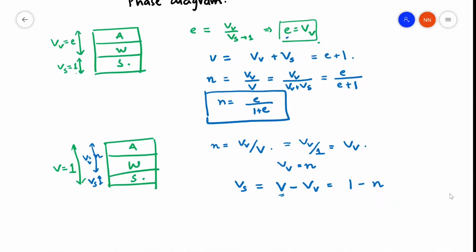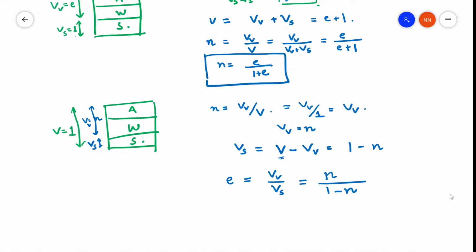So the volume of solids is 1 minus N. So now what's the void ratio? The void ratio is VV over VS by definition. VV here is N and VS is 1 minus N from the formulas that we have. So finally what we get is E equals N over 1 minus N, which we should try to remember.